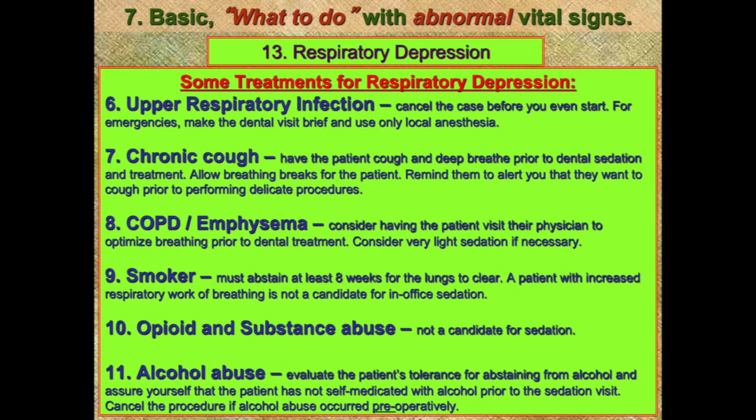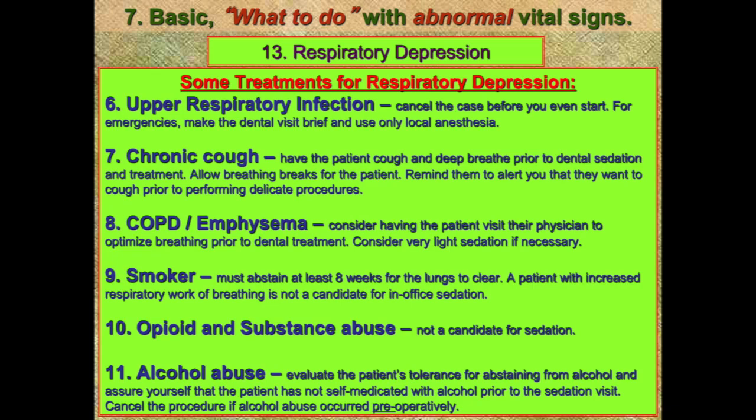For the COPDer, you're going to want to have them see their physician and have them optimize their breathing before they consider doing sedation on them and before you start their dental treatment. Smokers have to go at least 8 weeks or longer for their lungs to totally clear off. Just know that there's a chance for them to start coughing if there's a smoker.